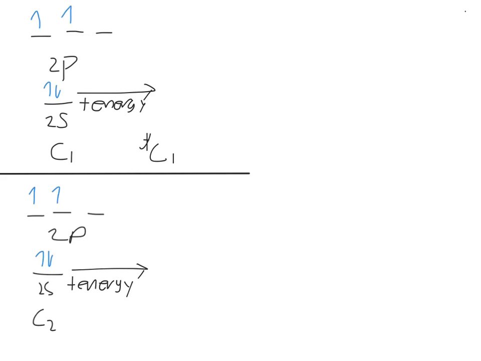Because this is energized, we're going to make it a little star. 2s and 2p. So this one is going to get a promotion and it's going to come up here. So it leaves us with just 1 and the 2s. And we have 3 and the 2p.